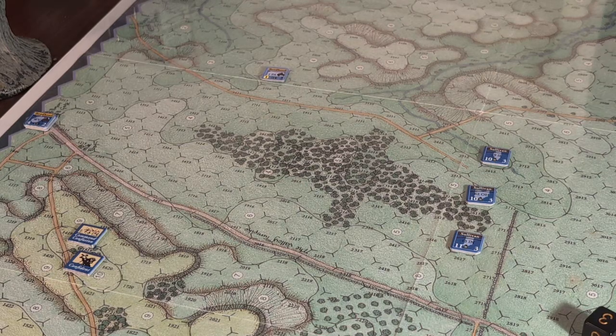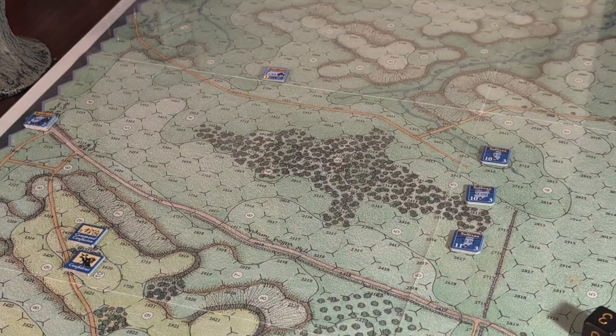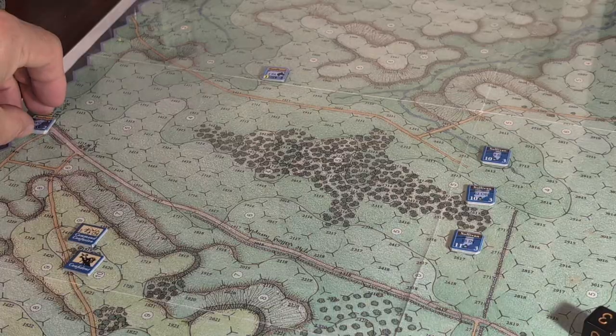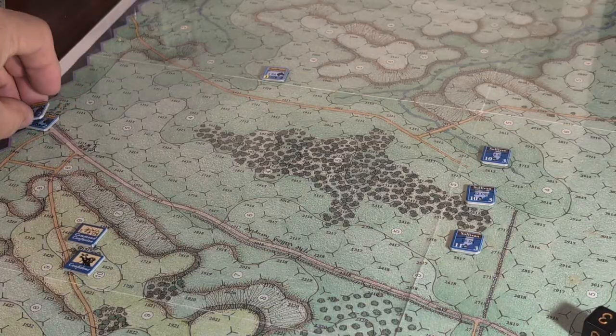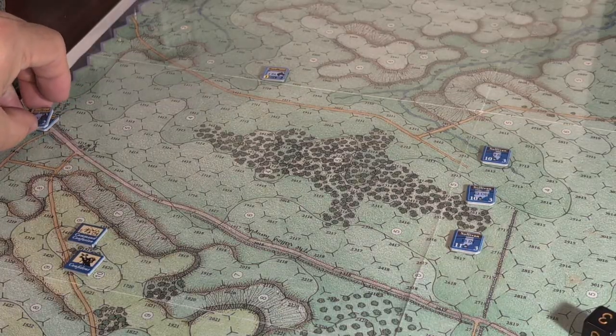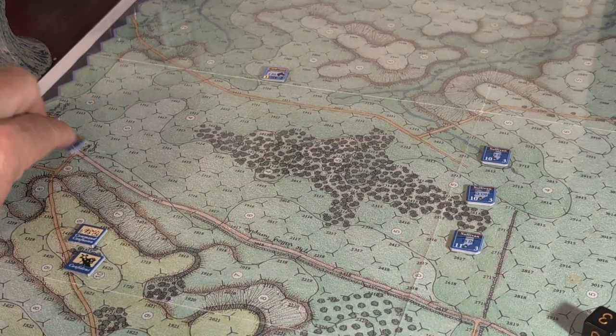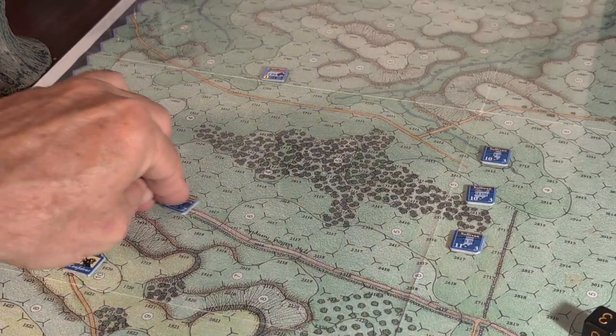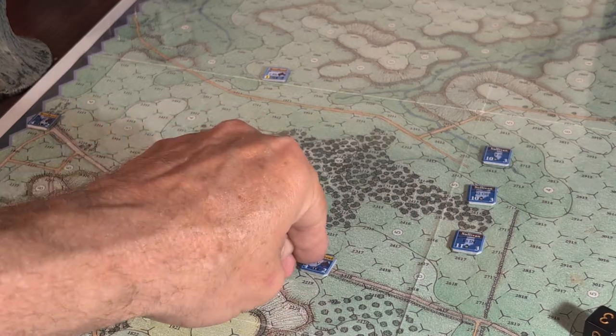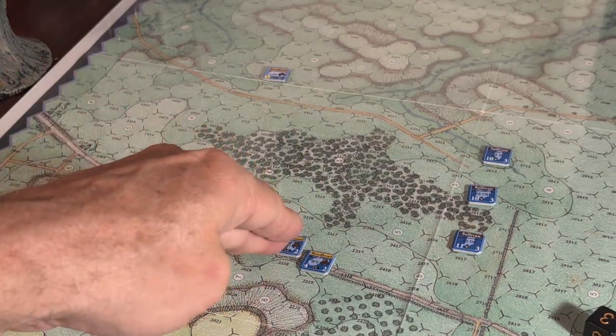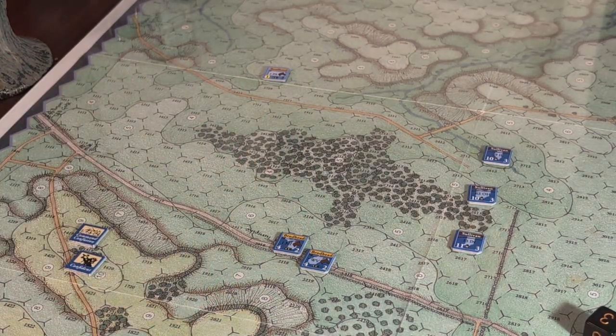If we use march column, I think I have to actually put them in march, where it says march column. They just get to move. So, yeah, let's see here. That would be 1, 2, 3, 4, 5, 6, 7, 8, 9, 10, 11, 12. We'll put that one right there behind it. Okay, so that one's been used.